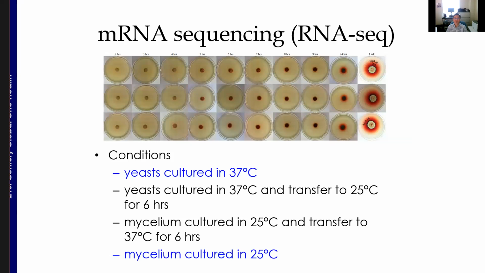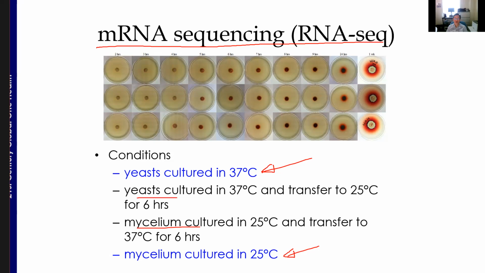Okay, in our case, we want to study mRNA, the gene expression change, of Penicillium marneffei at different temperatures. So we have samples from yeast cells grown at 37 degrees C. We also have samples from mycelium cells, which grow at 25 degrees C. We also have a transition phase of the cells.